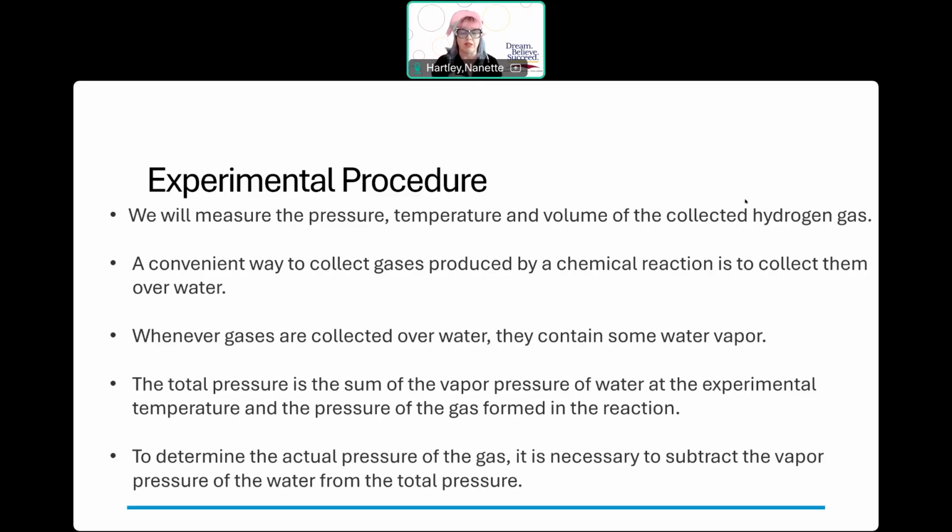And that total pressure that's in that container is going to be the sum of the water vapor from the water, at the experimental temperature, and the pressure of the gas formed in the reaction. So it's going to contain both of those things. And to determine the actual pressure of the gas, we have to subtract the vapor pressure of the water from the total pressure. So we've got to do a correction to take that water vapor out to make sure that we're measuring the pressure of that gas. Okay, so that's that part.